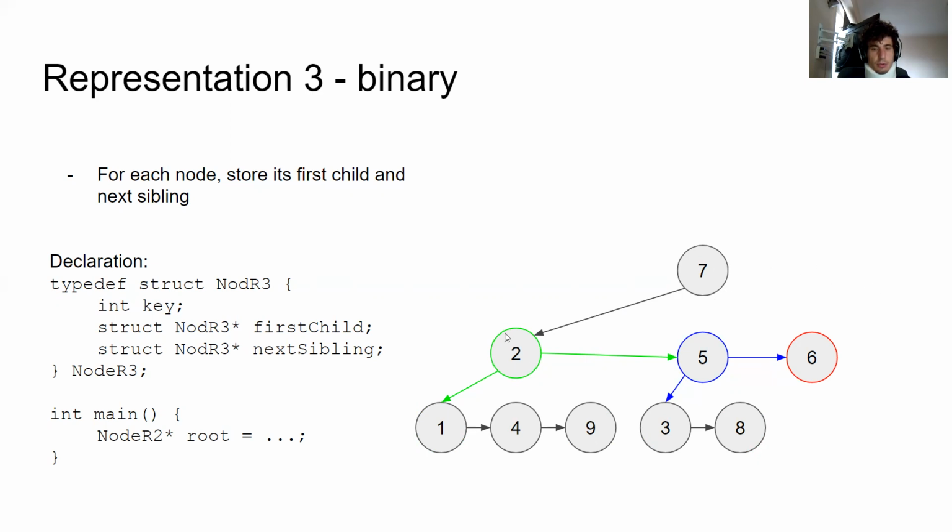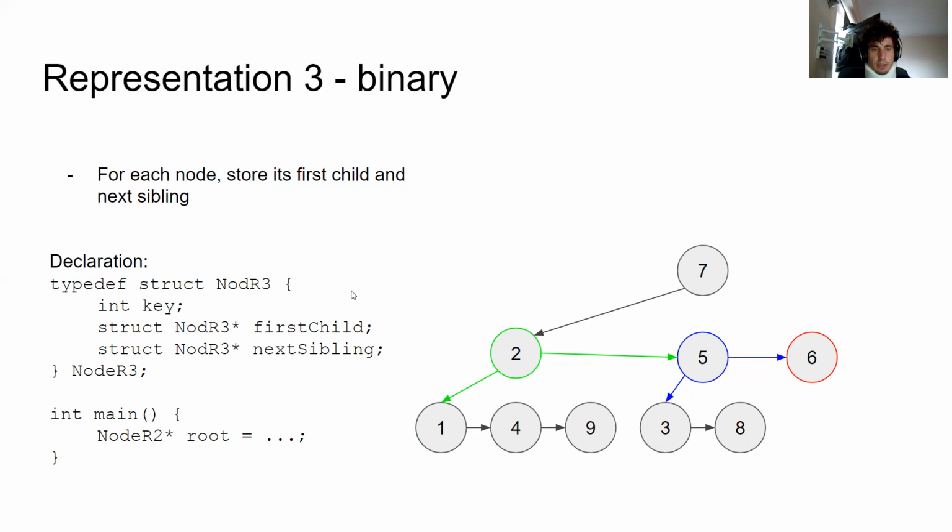For example, for 2, its first child is 1, and the next sibling is 5. This still means that 5 is a child of 7, but basically it is the brother of 2, so it's kind of indirect, but still a child of 7.